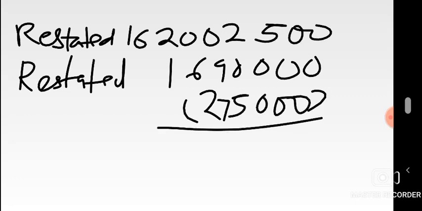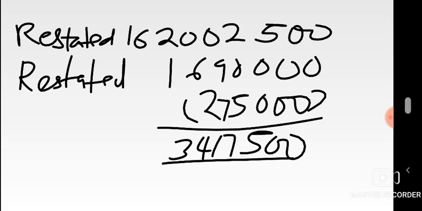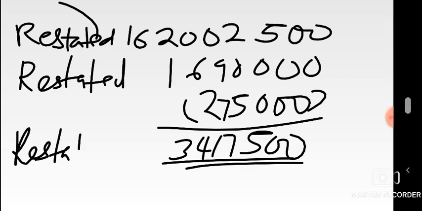What total are we going to get here? So 1,690, then minus 275,000, 3,417,500. Done. So then you just call this the restated balance as of 2017. Then you're done with that part B.